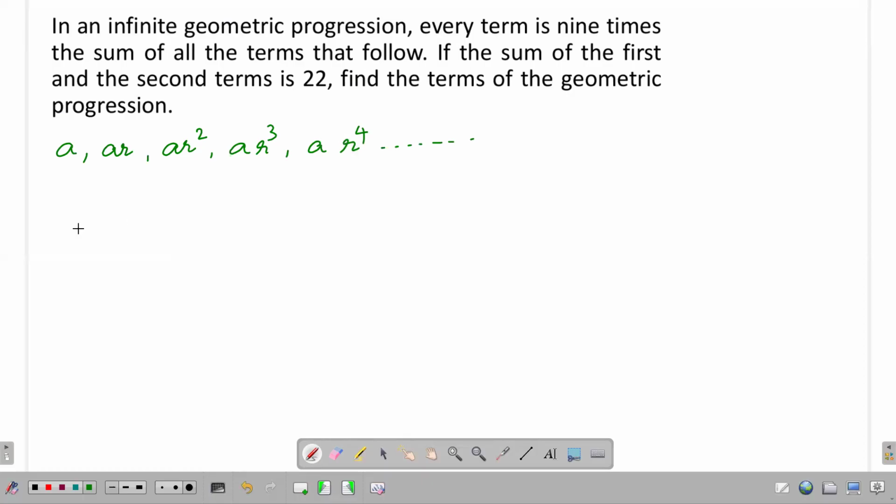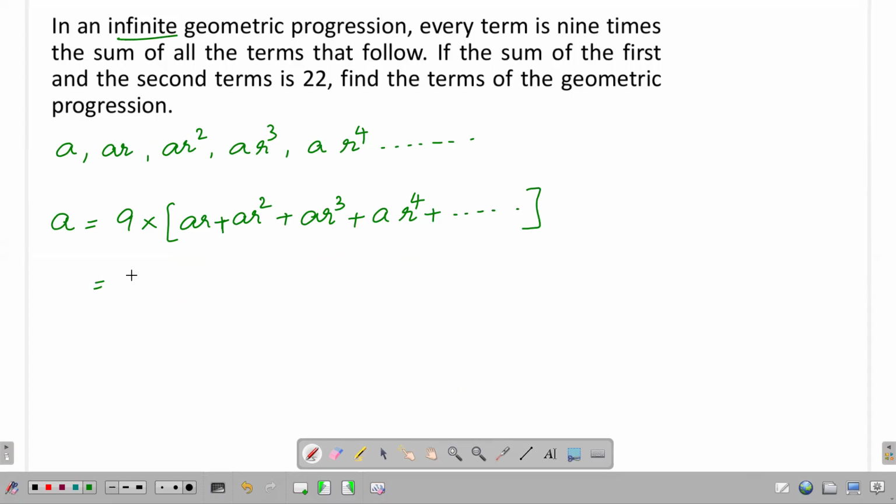You can see that the first term is 9 times the sum of all the terms that follow. So 9 times ar plus ar square plus ar cube plus ar power 4 plus etcetera, proceeding up to infinity.